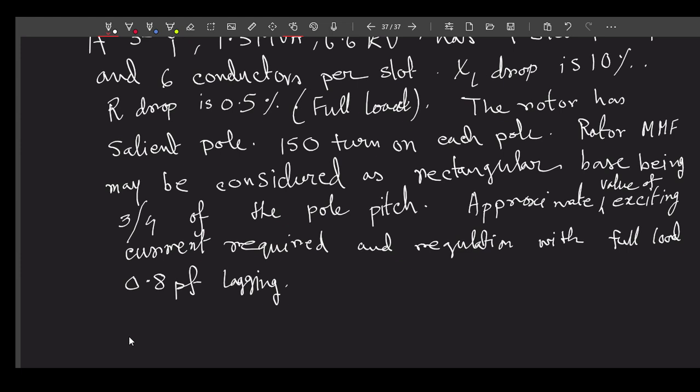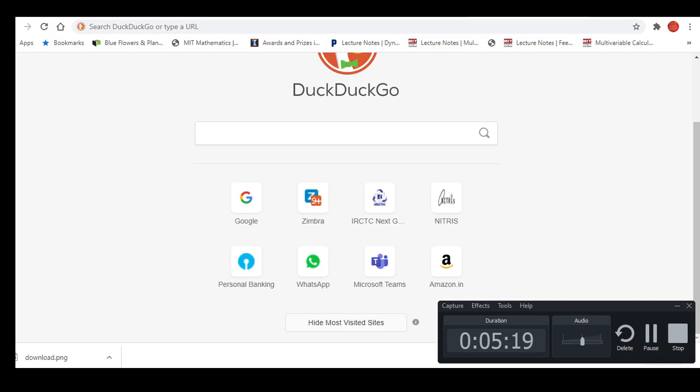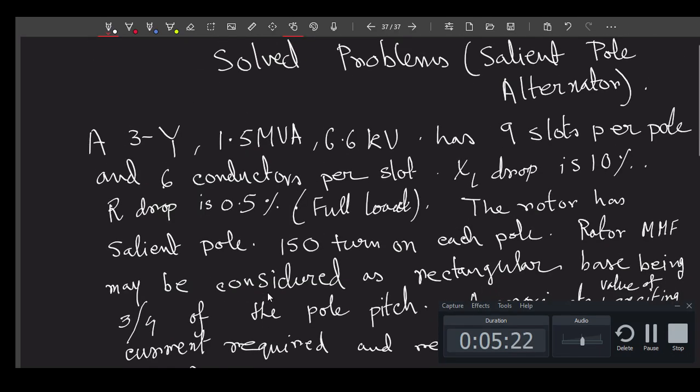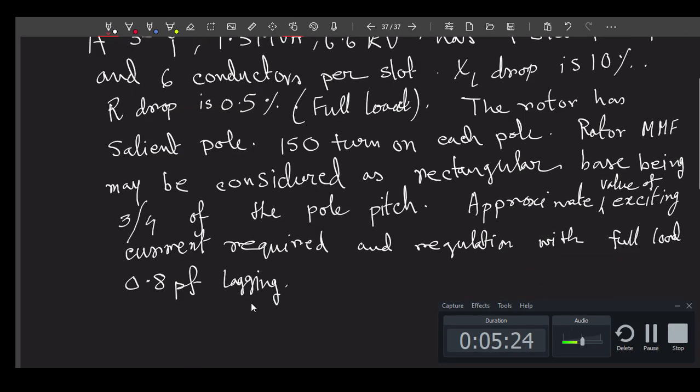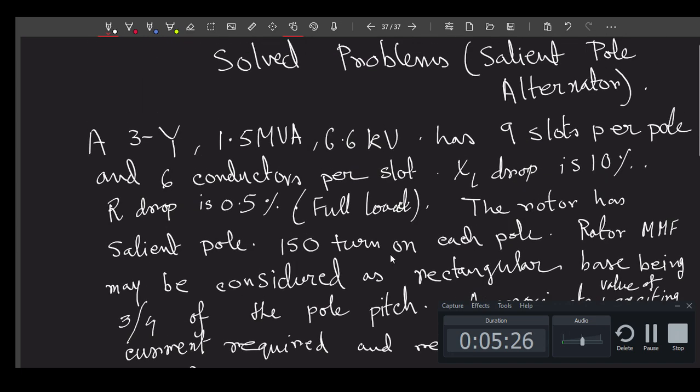So just let me check whether it's recording or not. So this is the detail of our problem.